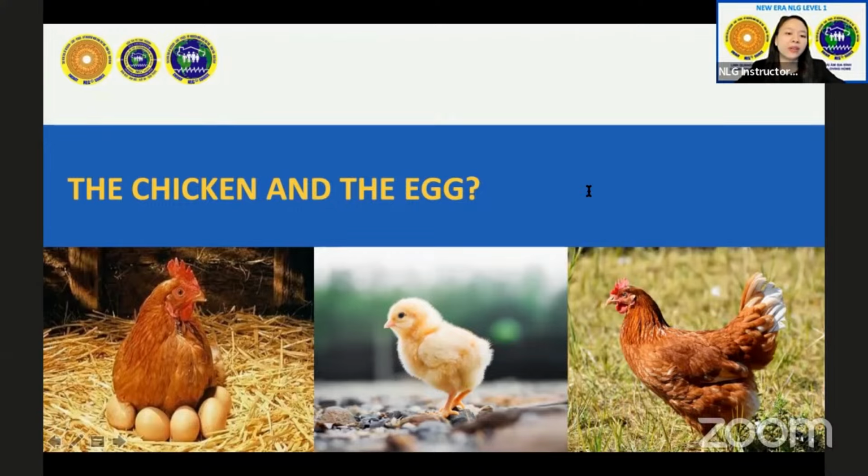We know that it takes about 21 days for the mother hen to just sit, and after the 21 days, you have beautiful little baby chicks, right? Same thing when you practice NLG, in the sense that it's not that you practice for 21 days, but there are similarities. If the mother hen doesn't give her full 21 days, let's say if she gets lazy or something like that, then the eggs cannot hatch properly. So the point is the consistency of your practice.